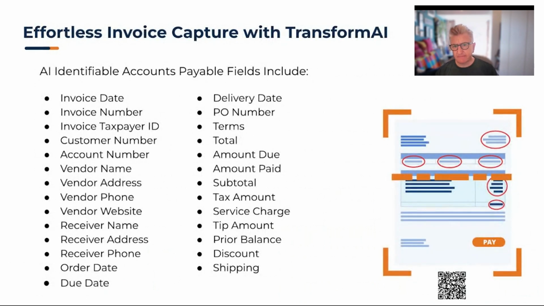Okay. Let's talk about what TransformAI can actually do. As I said, what I like about TransformAI is it's very, very tailored to exactly and explicitly invoice and receipt extraction. Okay, so what you can see in front of you, I'm not going to list them for obvious reasons, are the fields or the data points that TransformAI is able to return.